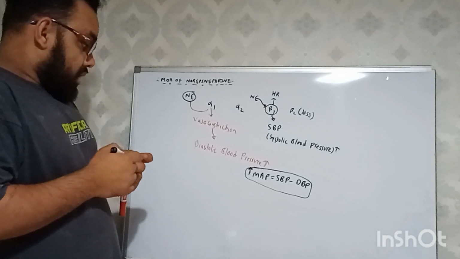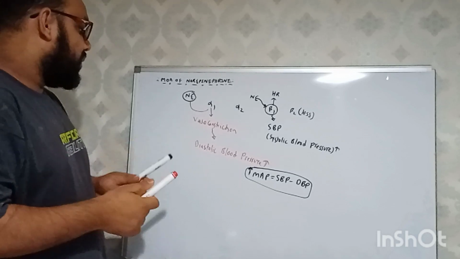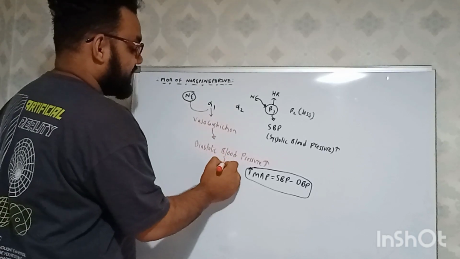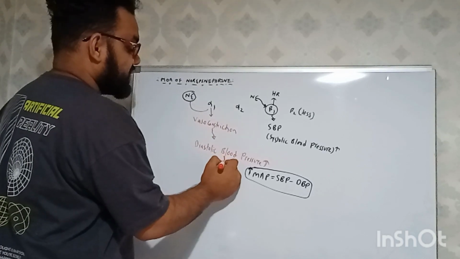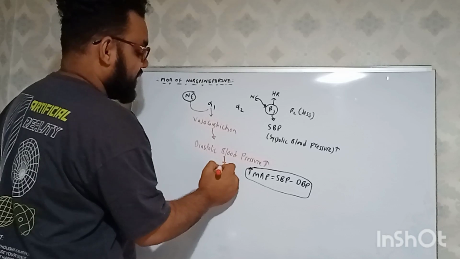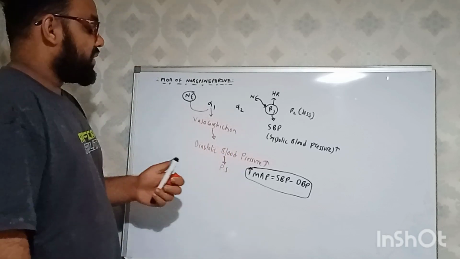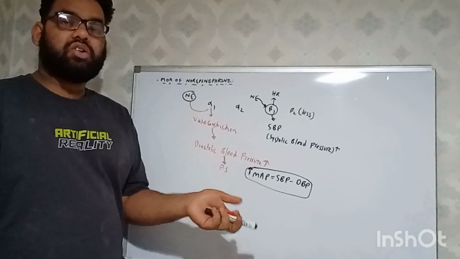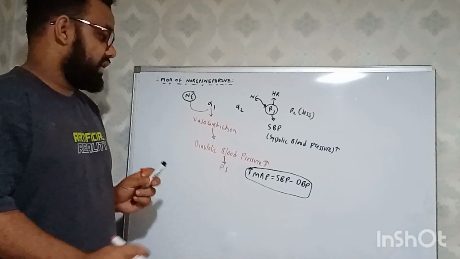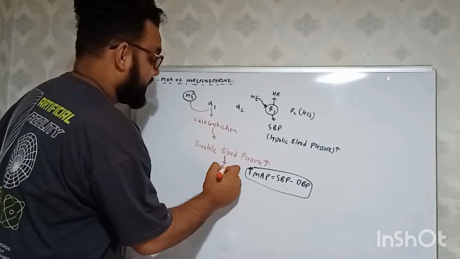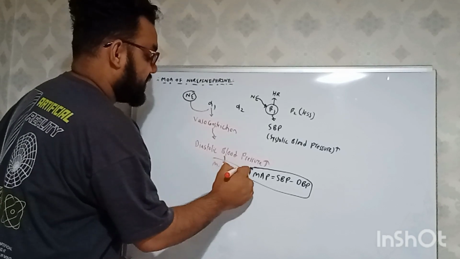Okay. Once the blood pressure is increased, our body receives sensations from the what? Parasympathetic nervous system. Once the diastolic blood pressure, or we can say the mean arterial pressure, is increased, let me write it over here. The mean arterial pressure will be increased.